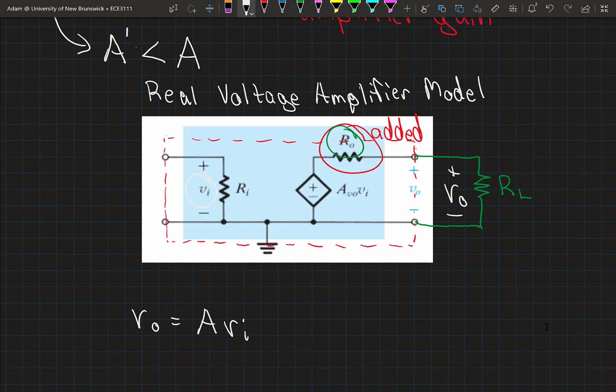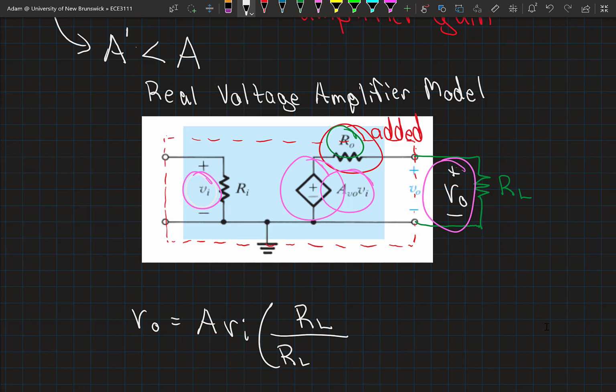So whatever voltage is at my input times my gain will give me my voltage that is generated here. But the voltage that actually appears across my load out here is that voltage times the voltage divider. So that voltage divides across RL and RO.